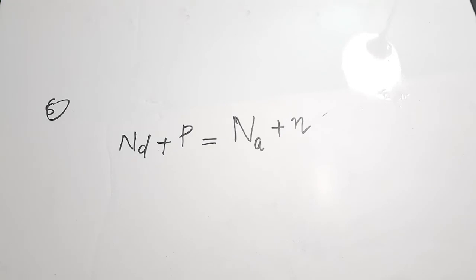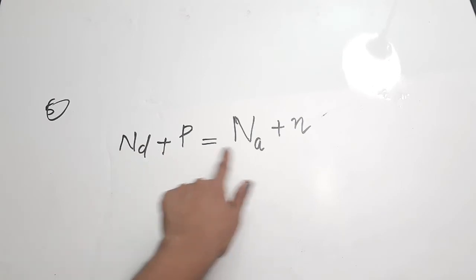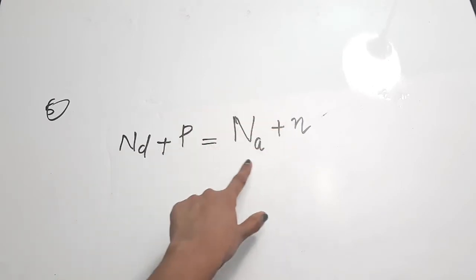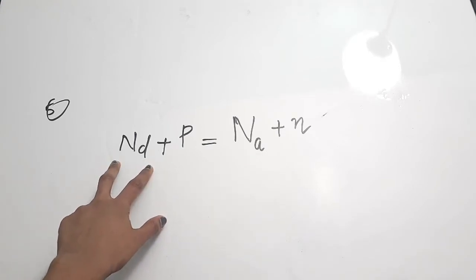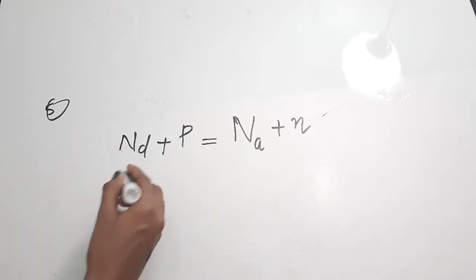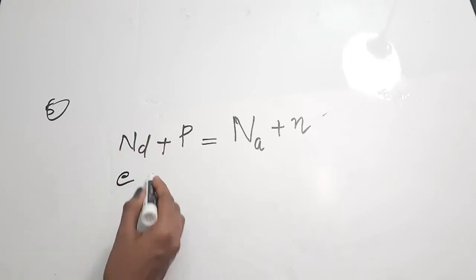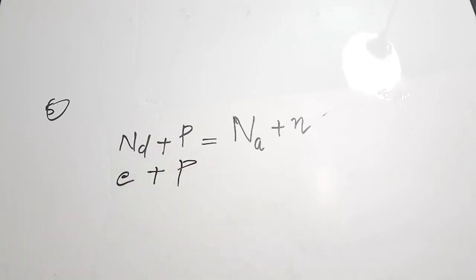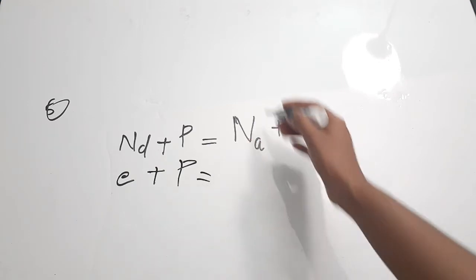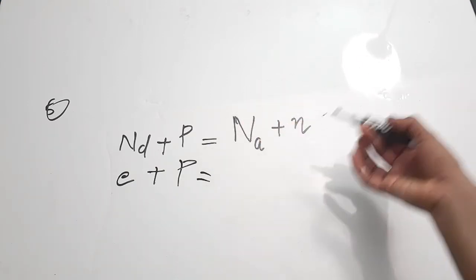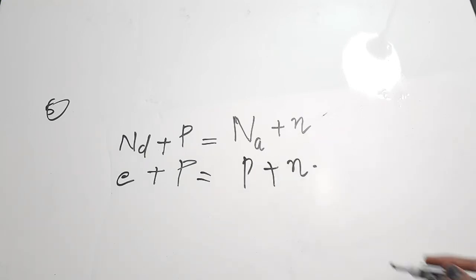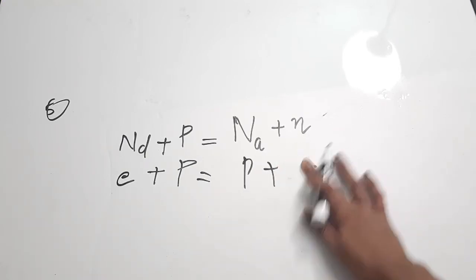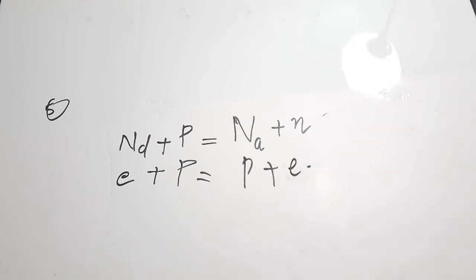So I'll say it once again: the sum of the number of donors plus holes is equal to the sum of the number of acceptors plus electrons. So here donors will generate electrons, right? So electrons will be generated by the donors, plus holes, equal to NA, meaning acceptors. It will generate holes, plus electrons, right?